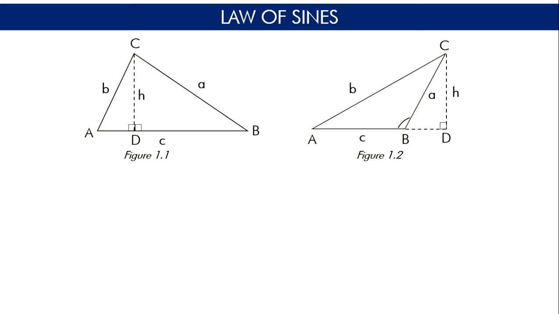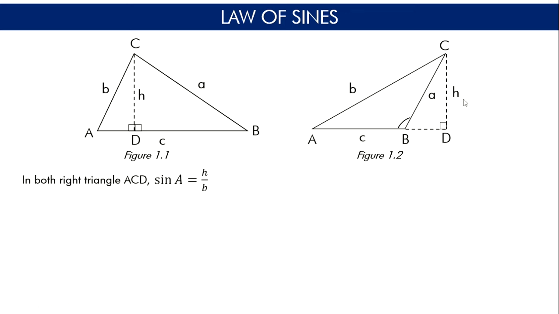Since we now have a right triangle in this figure, we can apply the trigonometric ratios. On both figures, in triangle ACD, we can have the trig ratio of sine A. The sine A here is its opposite, which is h, over its hypotenuse, which is b.